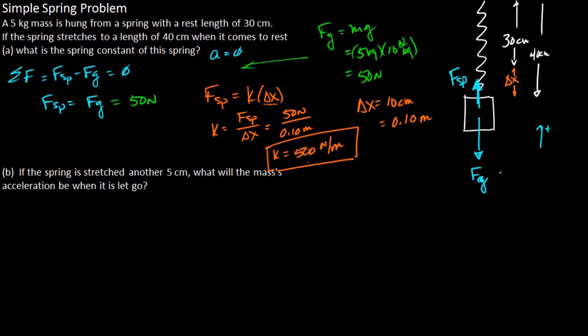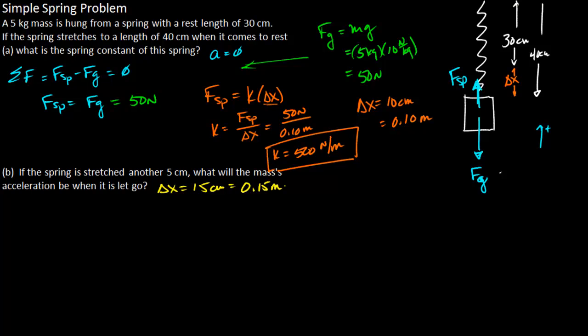Part B asks, if we stretch the spring another 5 centimeters, so it's already stretched 10 centimeters, so part B is telling us that our delta X now is going to be equal to 15 centimeters, which is equal to 0.15 meters. So if that's the new case, it wants to know what the acceleration of the system is. So again, we can write a new Newton's law equation for this.